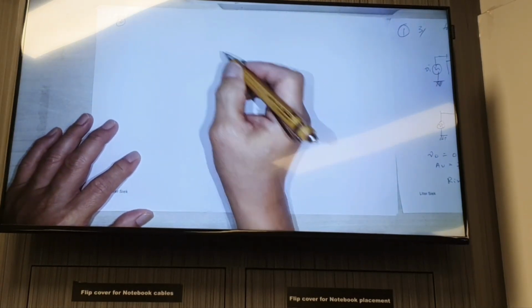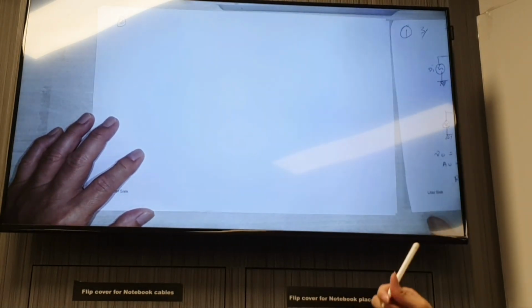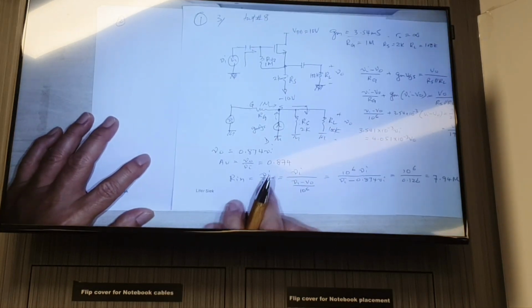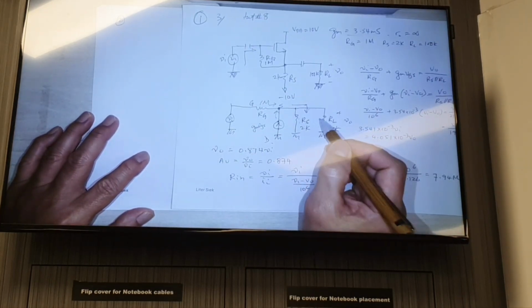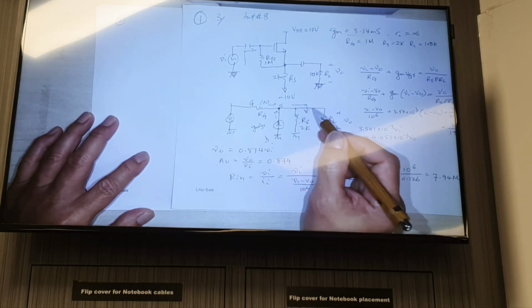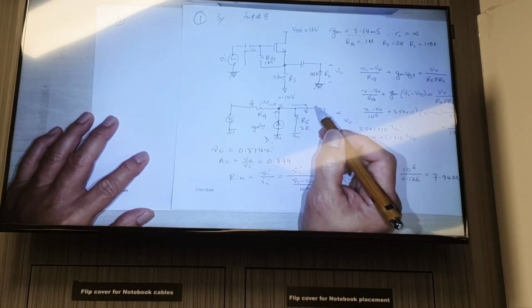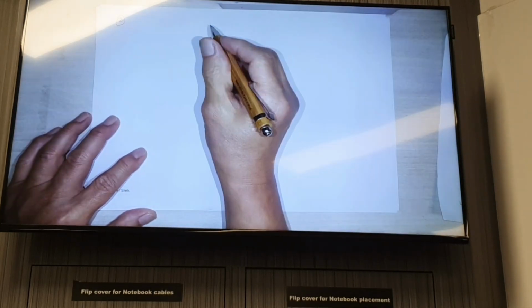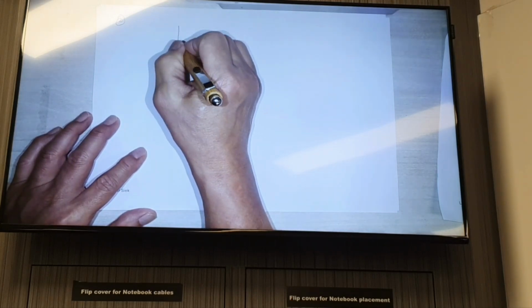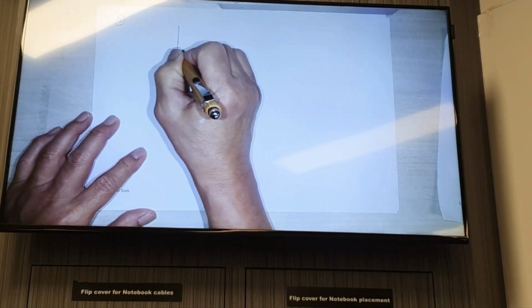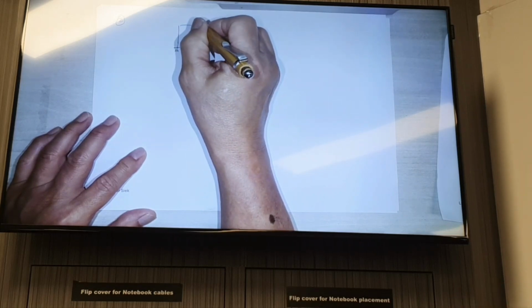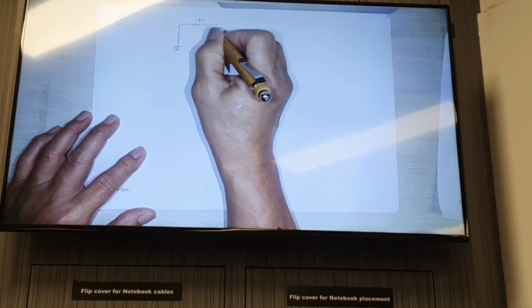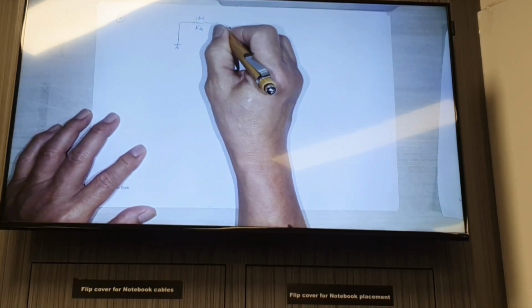So if you want to find out the output resistance, we kill the input source, and evaluate the resistance looking into this node. Okay? Kill the input source. Then, your 1 meg resistor is still here.